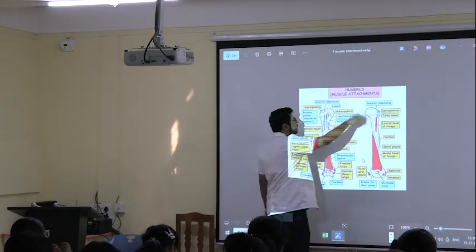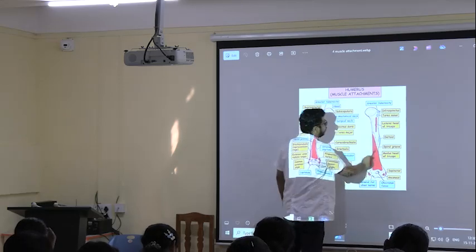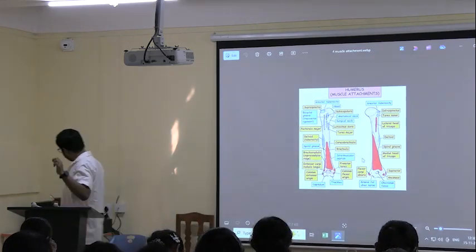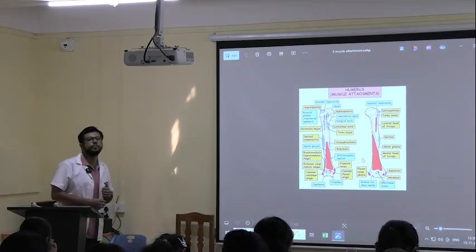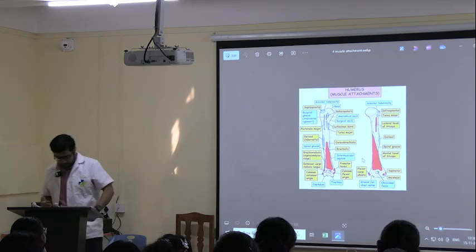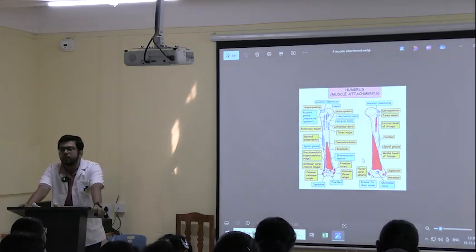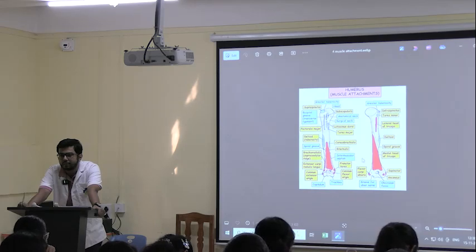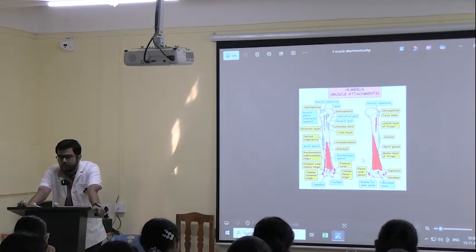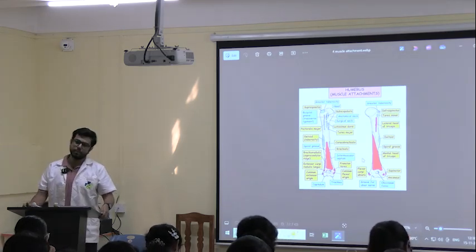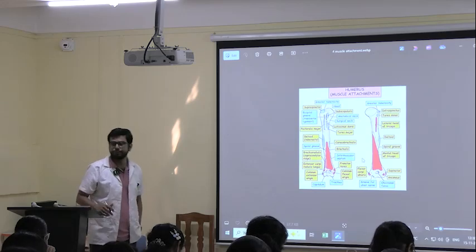In the humerus, there are 2 heads, and one head is in the scapula. You have been taught this in the scapula class. Where does the long head of the triceps attach in the scapula? You have the scapula with you, right?